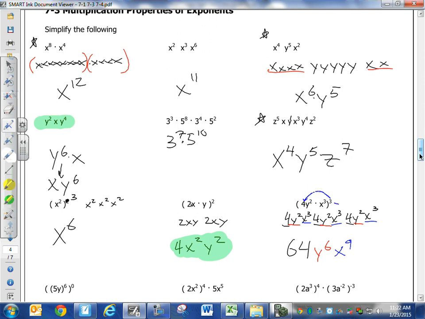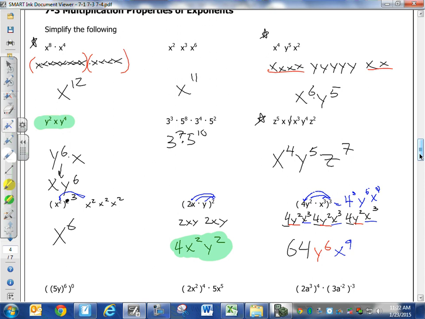This is actually 4 cubed, and then y squared cubed is y to the 6th. X cubed cubed is x to the 9th. A power to a power, distribute the power, multiply the exponents. That's the rule. You distribute the power to all the terms being multiplied.